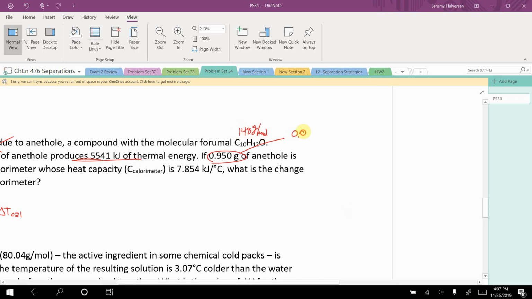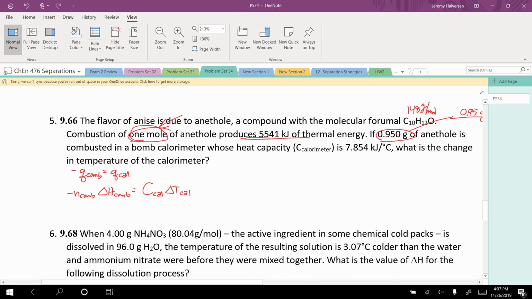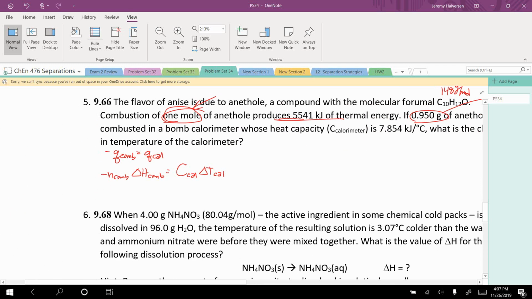So then I have 0.95 grams, 148 grams per mole. Okay, so I get negative 0.00642 moles. My delta H, again, is negative 5541. I know that it's negative because it's burning, so it must be releasing heat.